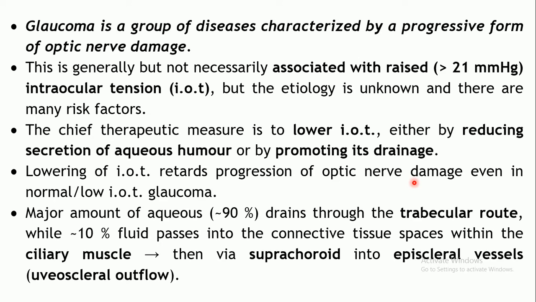Now how does this drainage of the aqueous humor take place? It takes place by two ways, either through the trabecular route, where the majority, 90% of the aqueous humor which is formed, is drained out, whereas the remaining 10% passes into the connective tissue spaces within the ciliary muscles, and from here it moves via the suprachoroid into the episcleral vessels.